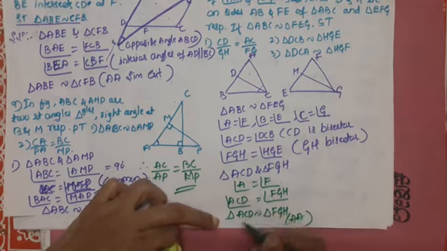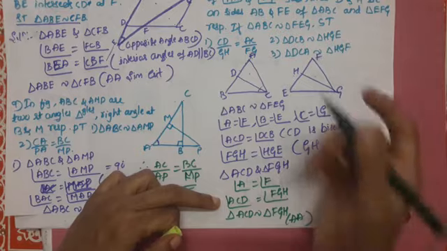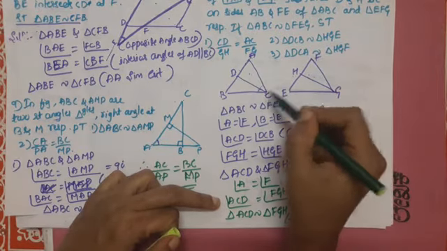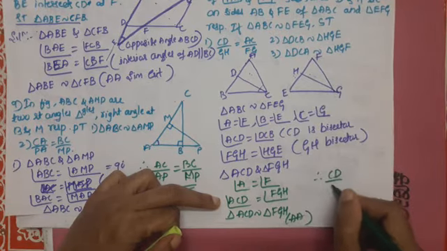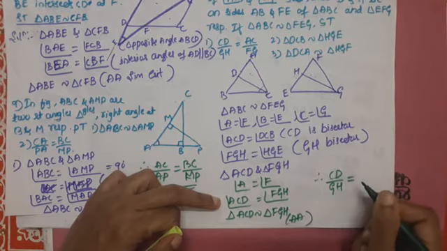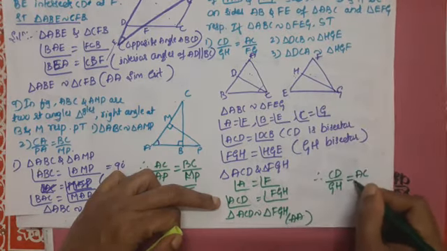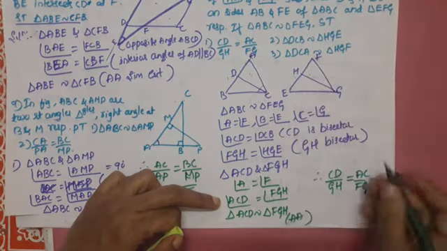If they are similar, the sides are in the same ratio. That is, in these two triangles, CD by GH equals AC by FG equals AD by FH.